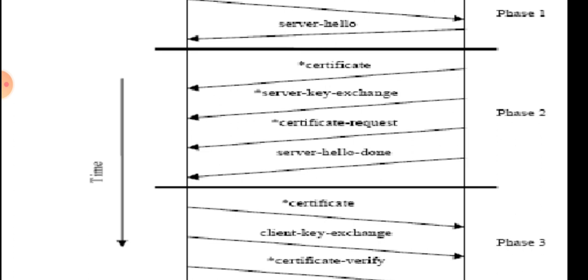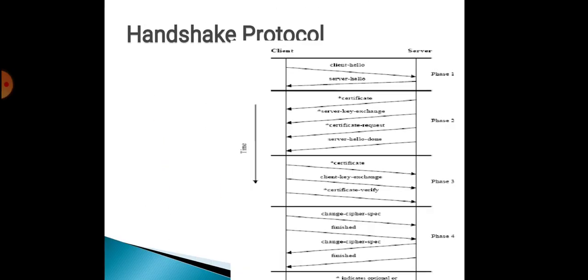And in phase 4, the client sends change cipher specification and then the finished message. The server replies with change cipher specification and finished. That is phase 4. These are the four phases of the handshake protocol.